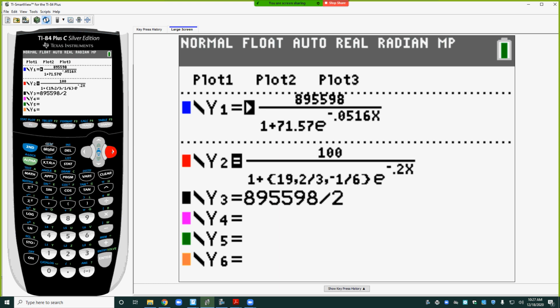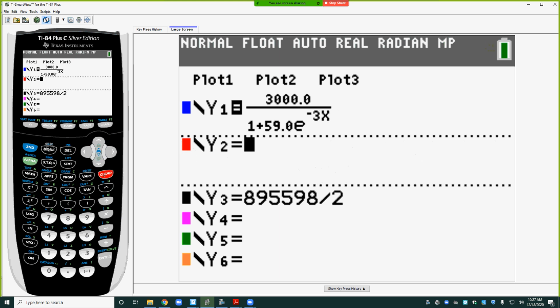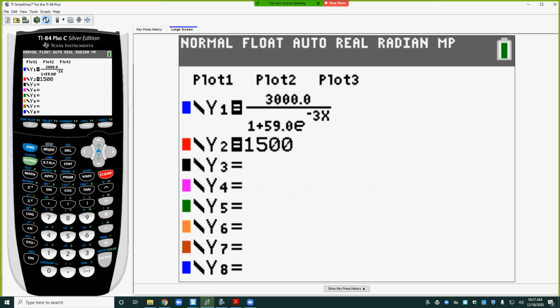I don't know, because you know it's going to be on the test, but I know I'm looking at 3,000 over 1 plus C, which was 59, e to the negative 3x. And I'm going to set y2 equal to 1,500. And I've got to set my window.